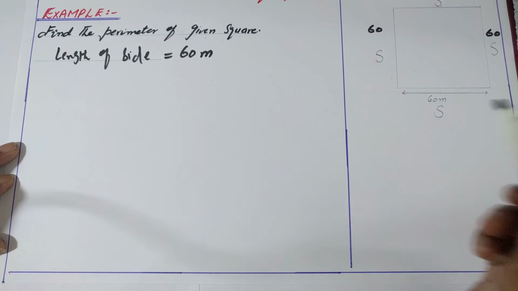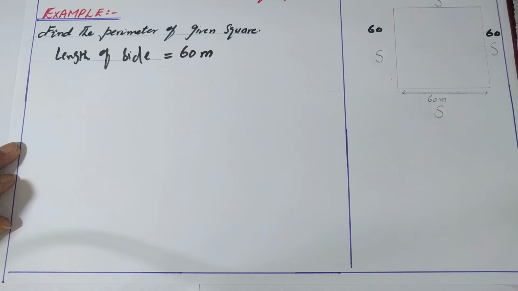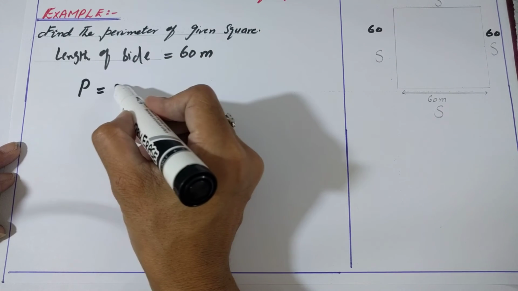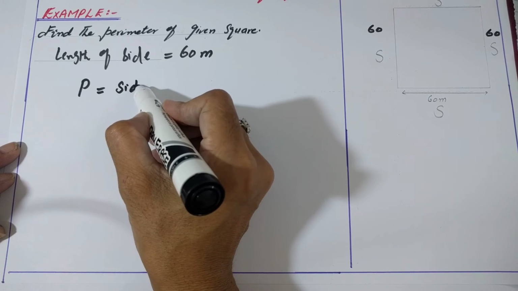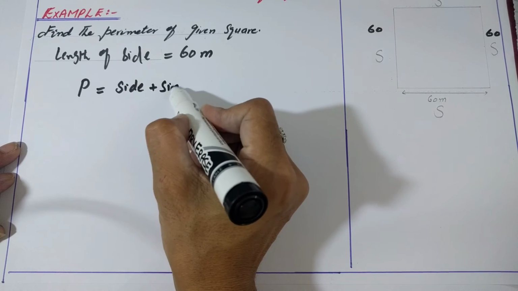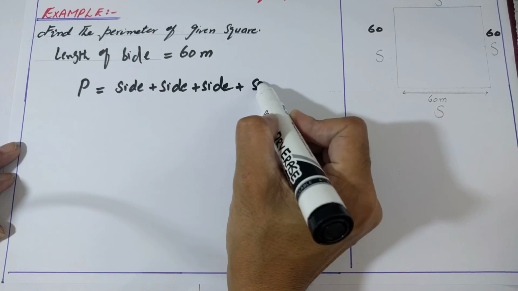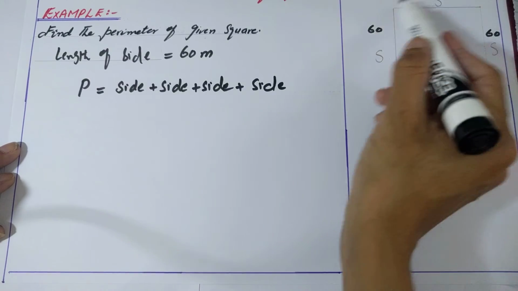First one is perimeter of the square is equal to the sum of all four sides together. So what is perimeter? Side plus side plus side plus side, because there are four sides of the square.